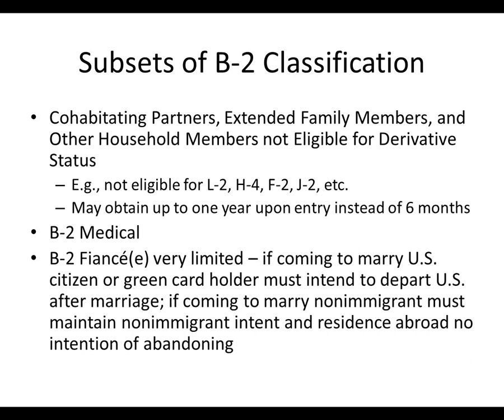And a final category that I'll cover is for fiancés. Now, this is very difficult because, as Adam covered earlier, you have to demonstrate with the B or ESTA the temporary or non-immigrant intent. You have to overcome immigrant intent. If you're coming into the U.S. to marry a U.S. citizen or green card holder, that's a very big red flag that you have immigrant intent.